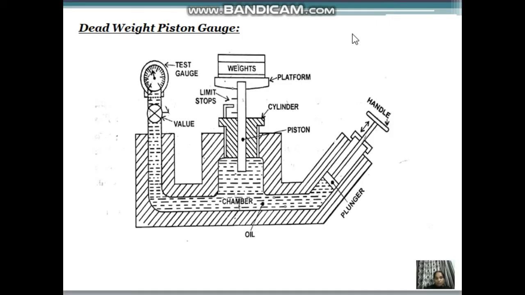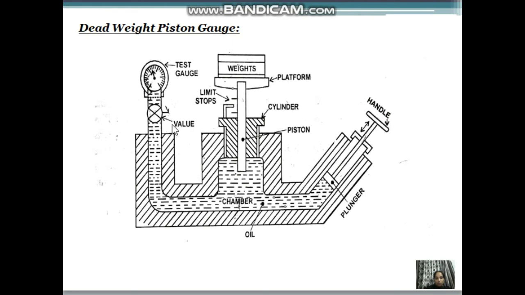Now after calculating P, the plunger is released and the weights on the piston are removed. Now the pressure gauge to be calibrated is fitted at an appropriate place in the dead weight piston. The same known weight which was used to calculate P is placed on the platform. Due to the weight, the piston moves downwards and exerts a pressure P on the fluid.